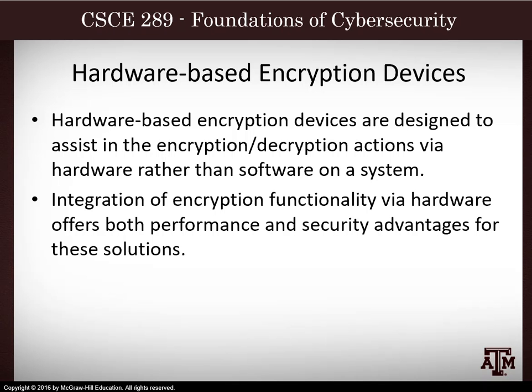It's designed to assist in the encryption and decryption actions, in hardware rather than software, so it provides another level of protection. The problem with the hardware device is that if you're doing it on a computer, you have to put one on each computer. But it does give you an extra level of protection, because there has to be a physical breach to get to the hardware encryption.